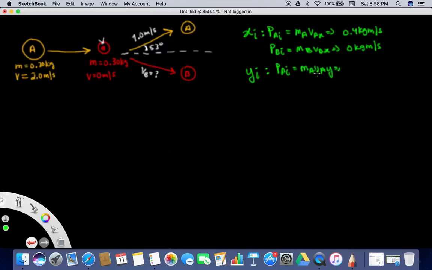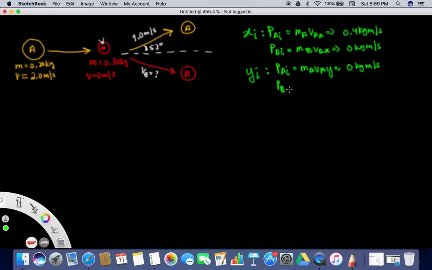The mass of ball A is 0.2, and the velocity of ball A in the vertical component is 0. So it's going to be 0 kilogram meters per second, because there is no vertical velocity occurring in ball A. So the momentum in the vertical direction is going to be 0 as well.